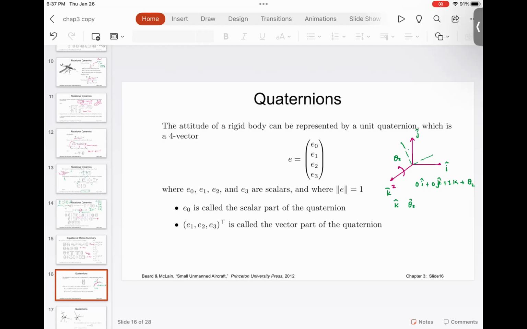The magnitude of the quaternion needs to be 1. Remember this: you can't just take an arbitrary quaternion and use it to calculate angles. Before you do anything with a quaternion, at every time step, you have to normalize.